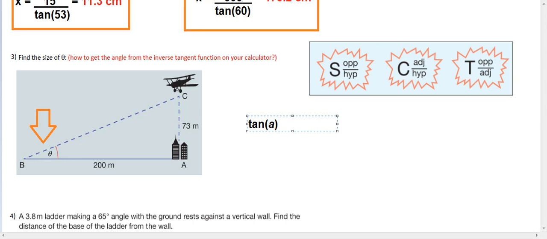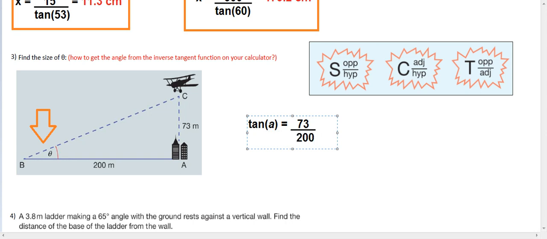I don't have theta on my keyboard, so I'm using A as the angle. So the tangent of A is going to be equal to the opposite side divided by the adjacent side, the TOA rule. So opposite side 73, divided by 200.